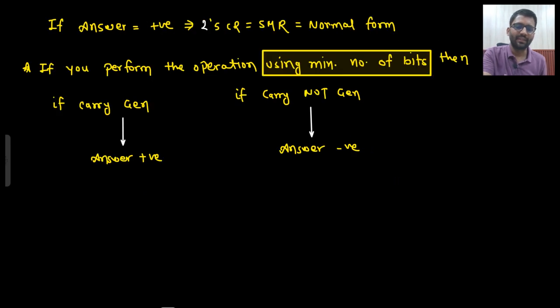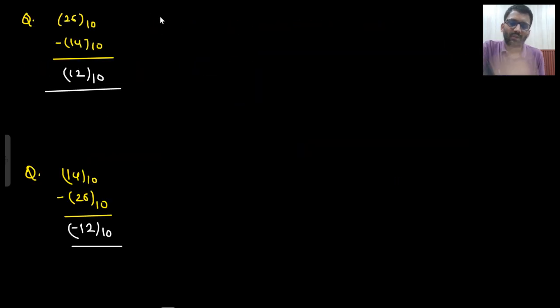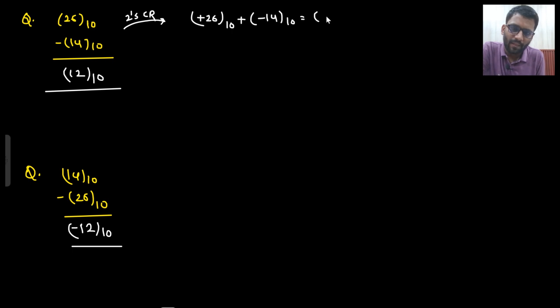So let's take the same example and solve it. So what will be the sign magnitude representation? How can I represent it? I need to perform 2's complement arithmetic. So plus 26 plus minus 14. What will you get? Plus 26 in sign magnitude representation would be the same in 2's complement representation as well.